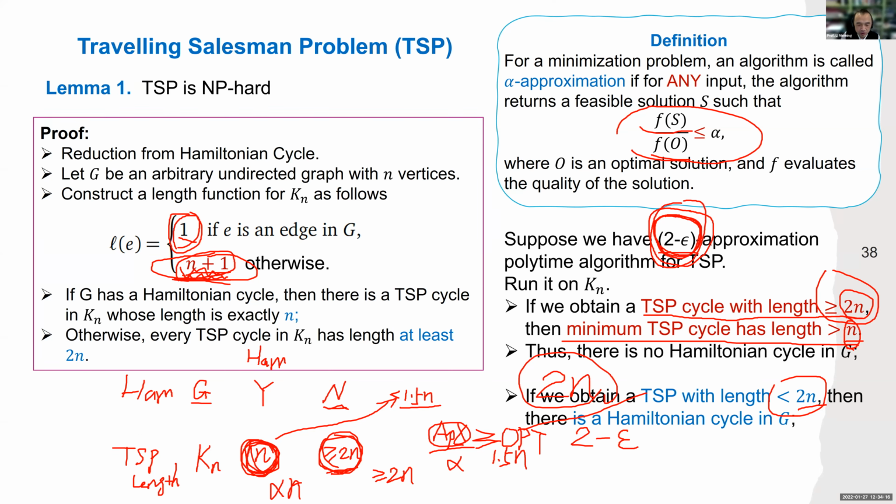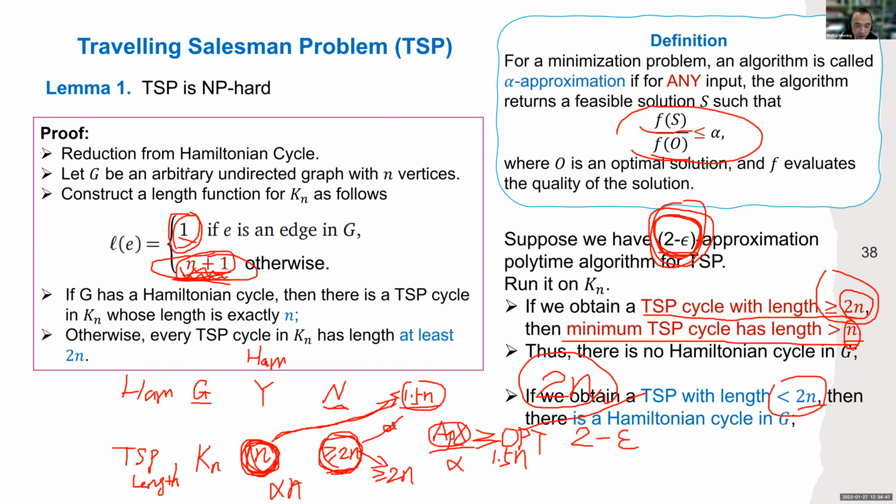Therefore, you see, in these two cases, the small case and large case, the outputs by the approximation algorithm are well separated. Meaning, if your optimal is small, then the value computed by the approximation algorithm is also in the smaller range. If your optimal value is large, then the output is also large.